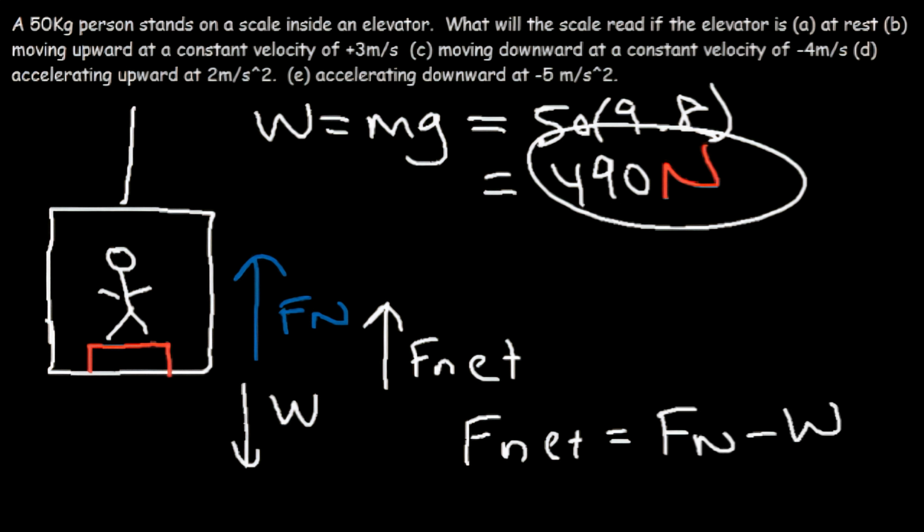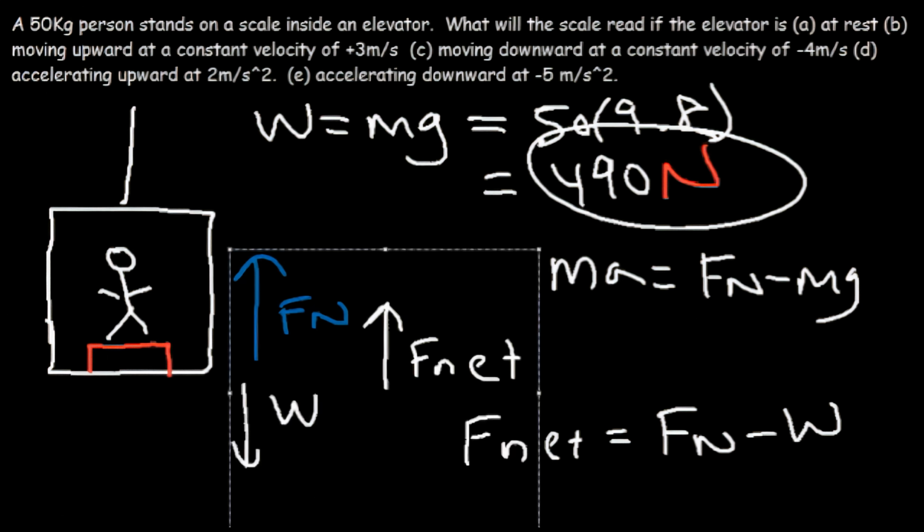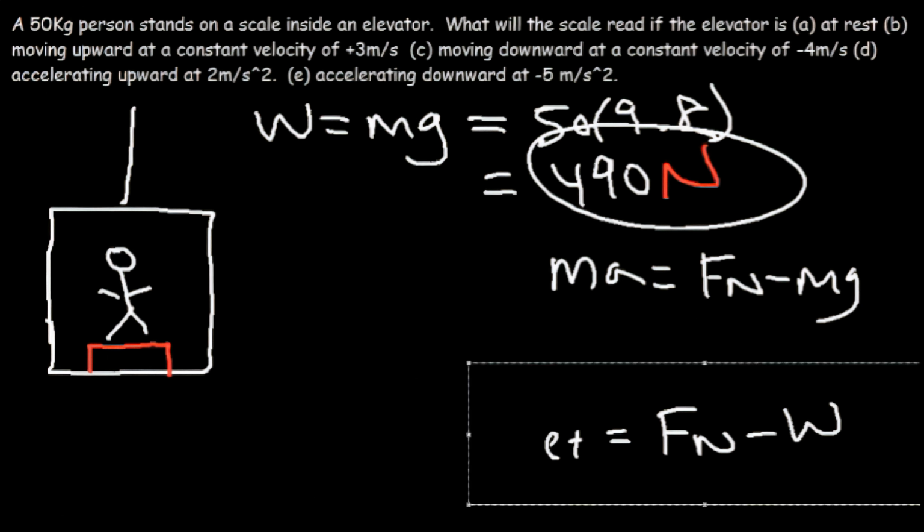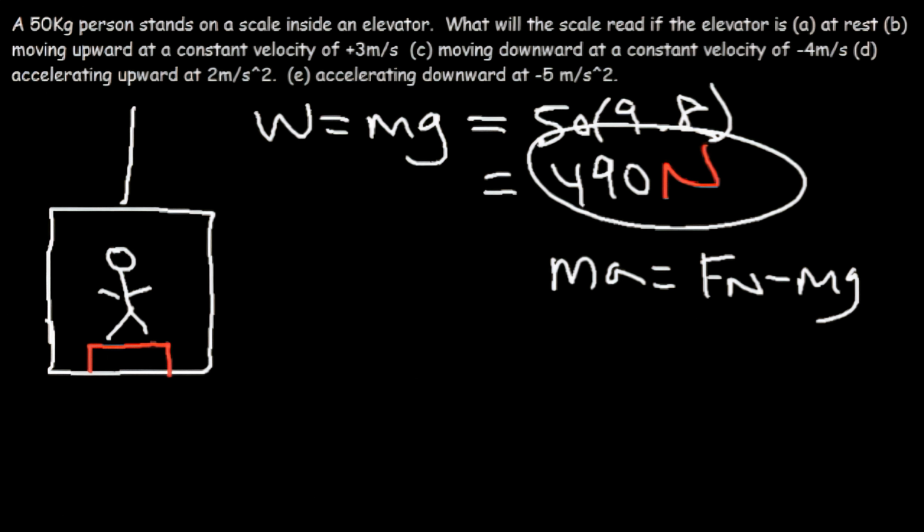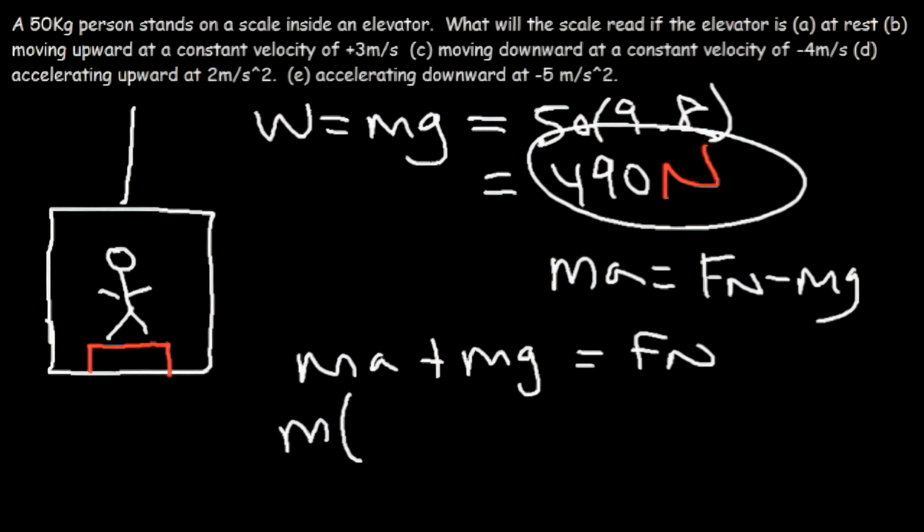The net force, according to Newton's second law, is mass times acceleration. The weight force is mg. So if we add mg to both sides, we will get this equation. ma plus mg is equal to the normal force. So if we take out the mass, we can see that the normal force is dependent on acceleration.